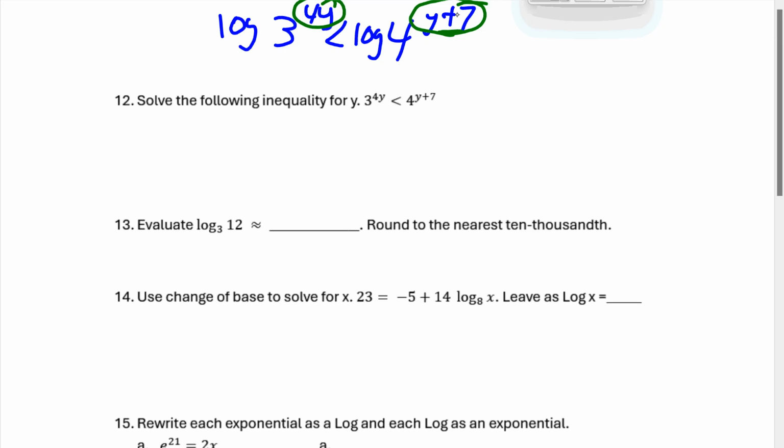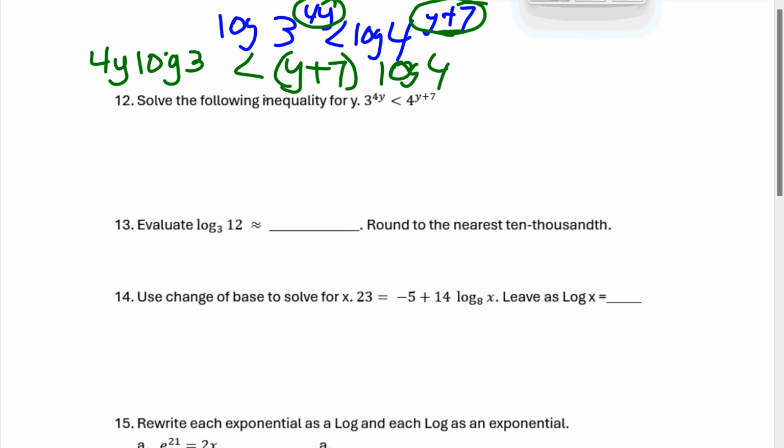So again, when I rewrite these, I'll bring the exponents out front. So 4y log 3 less than y plus 7. Because there's 2 terms, I'm going to put that in parentheses, but only because there's 2 terms. Now I distribute that, and I get y log 4 plus 7 log 4.